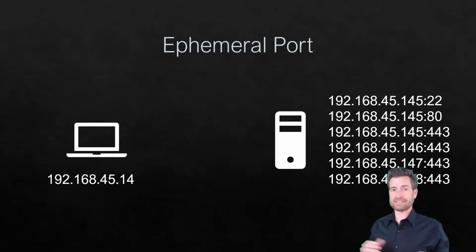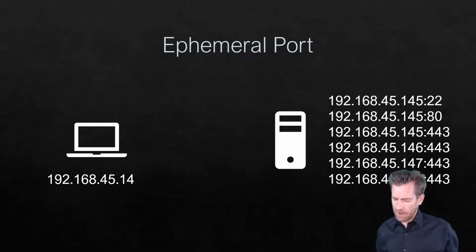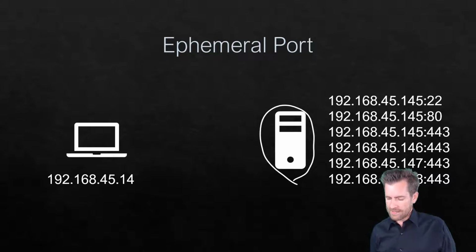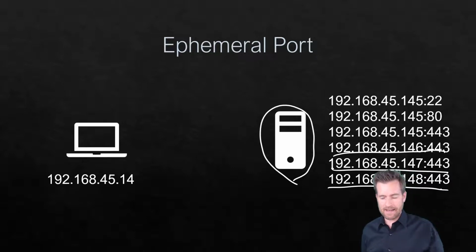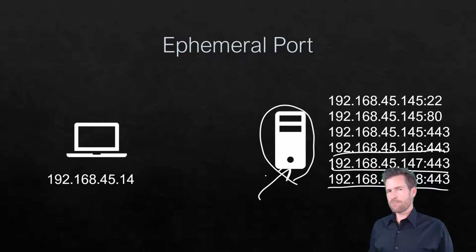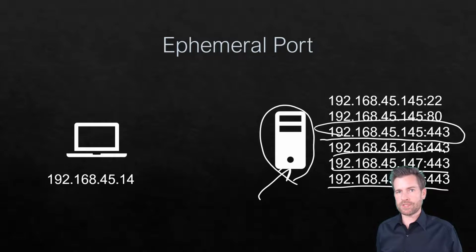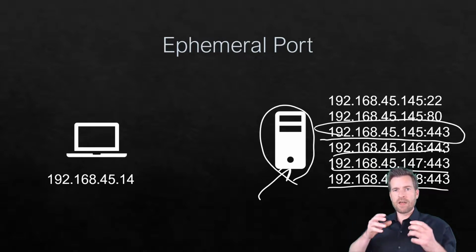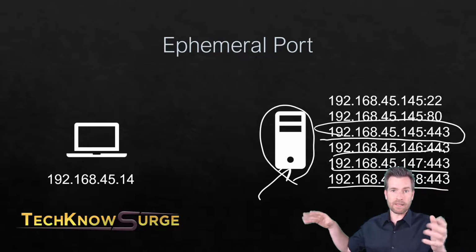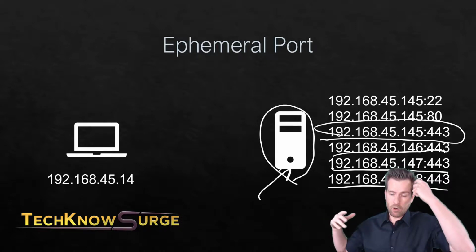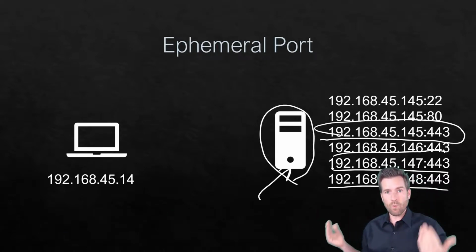Now there is one scenario here we haven't covered yet. We talked about how a server could have lots of different services, or the same service hosting different sites. So this server could be doing lots of different things. But what if the scenario is you're just trying to access one of the websites, but you're trying to access it multiple times? I do this many times where I'll have multiple windows or multiple tabs open accessing this same website.